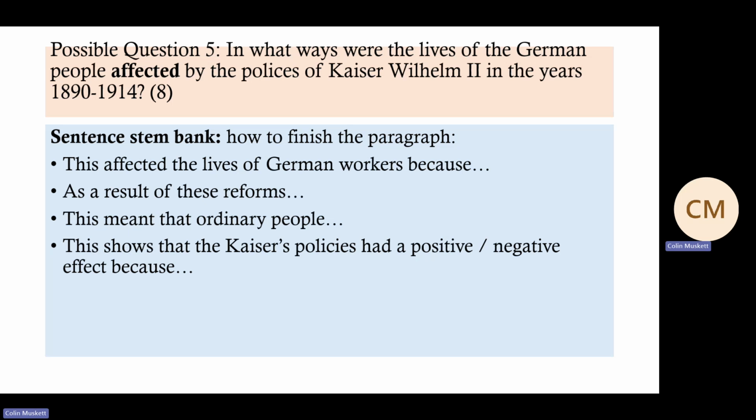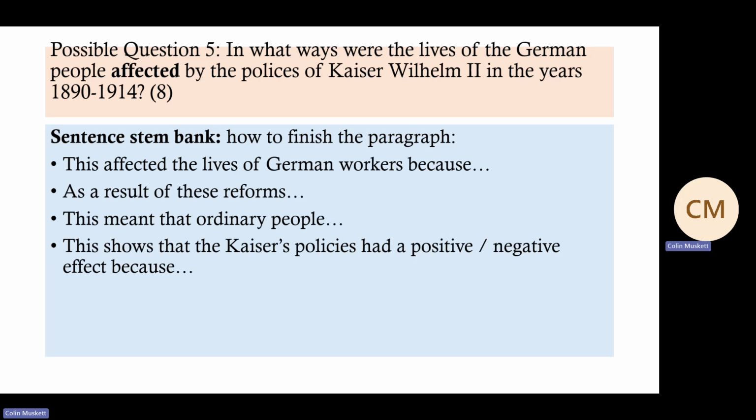All right, so as a result of these reforms, this meant that this shows that the Kaiser's policies had a positive effect. Just those tight, simple little connecting sentences can get you thinking about, okay, why is the evidence that I provided important to the question?